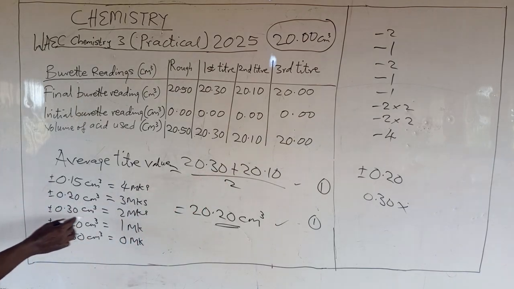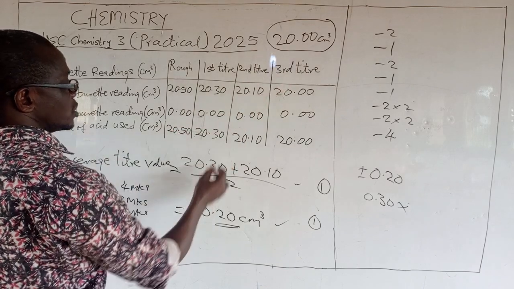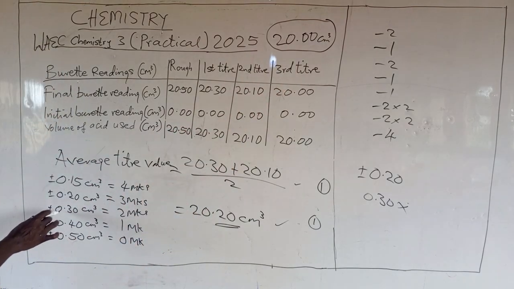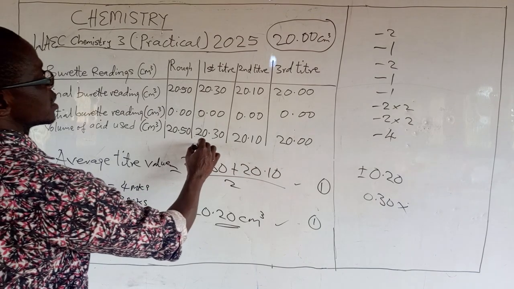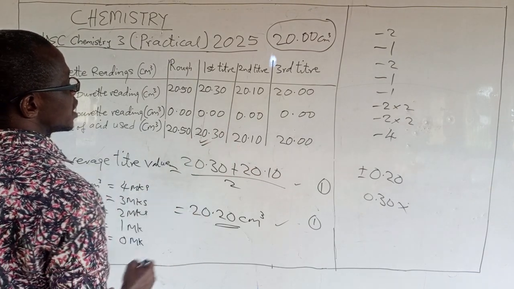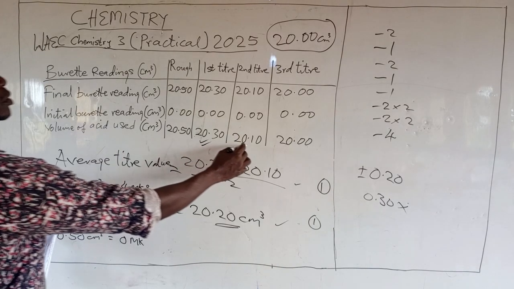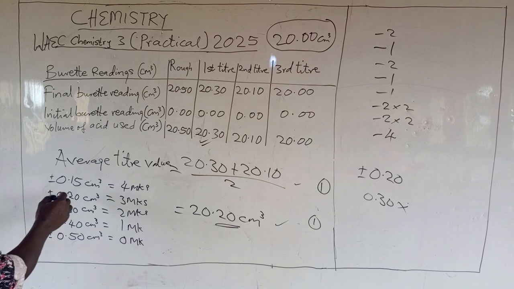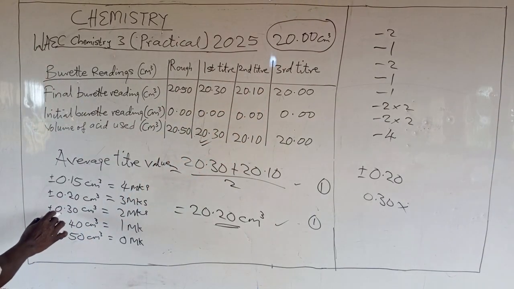The difference between this and this is 0.3. So I will only have 2 marks here. Then the next one, the difference between this is 0.1.